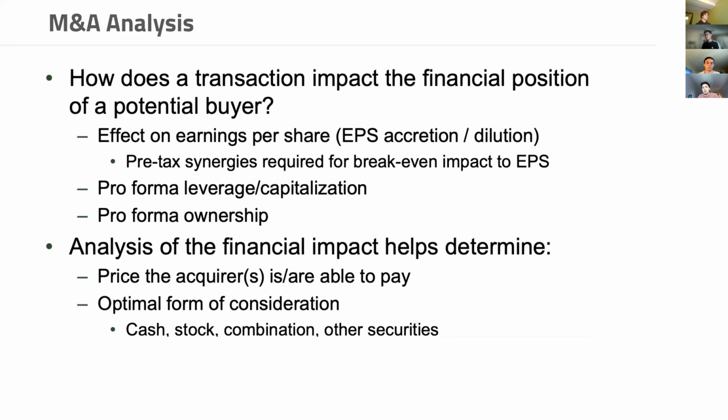It'll also talk about synergies. Is the company expected to generate $100 million in synergies 2 years out? Is the EPS of the combined company going to grow? This is the idea of assessing the impact of the merger or the acquisition.